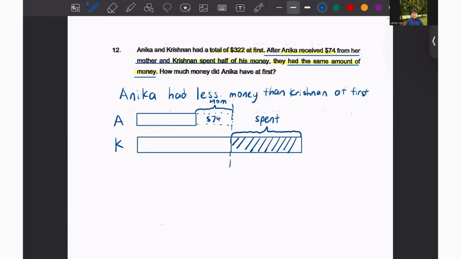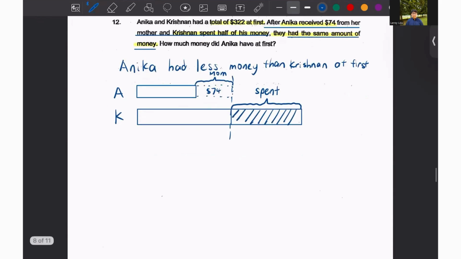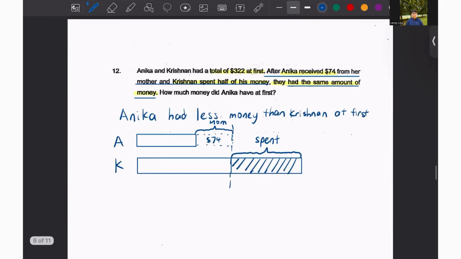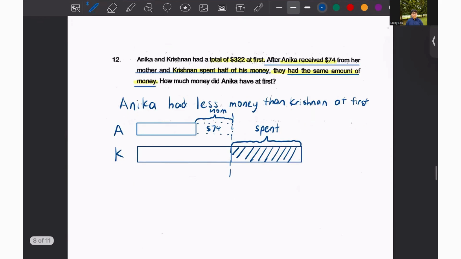So in this case, what will our total be for this comparison model? If you look at your comparison model, you see Anika makes up 1 unit, okay? Then Krishnan also makes up 1 unit. What Krishnan had left makes up 1 unit, and what he spent is also 1 unit.